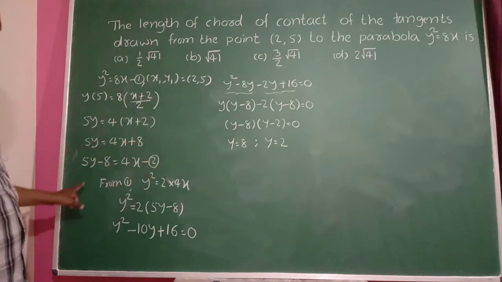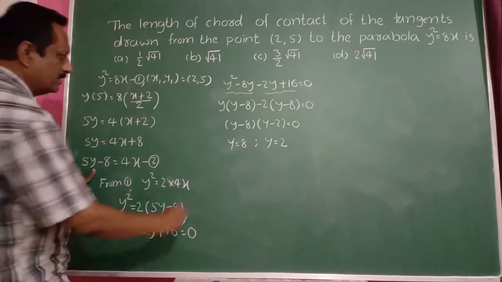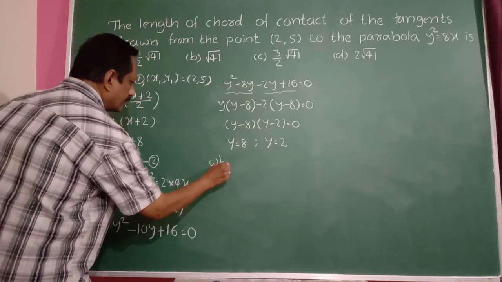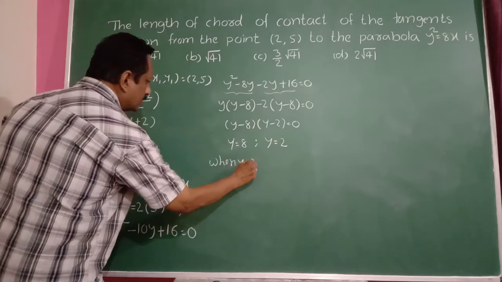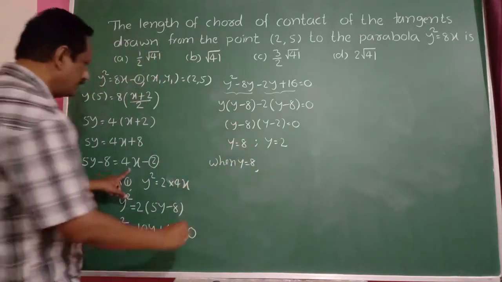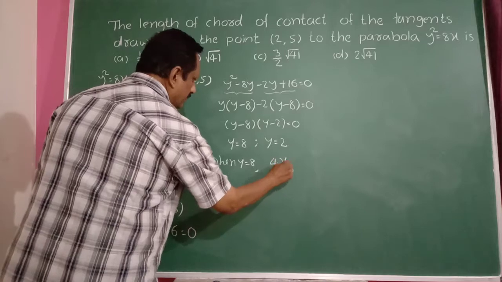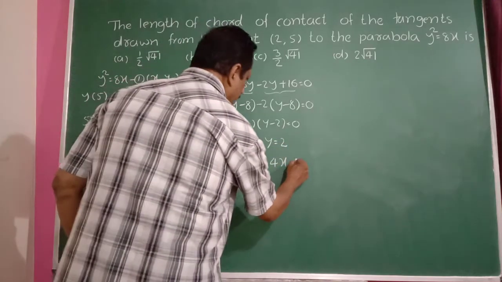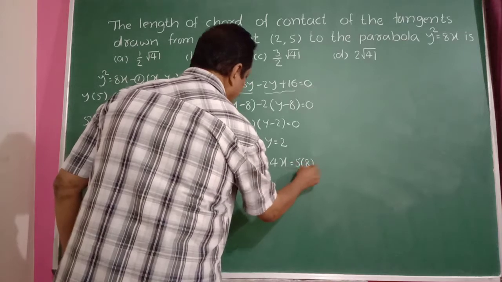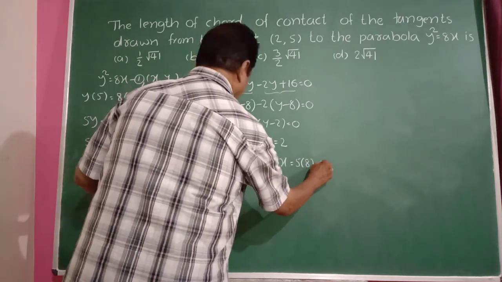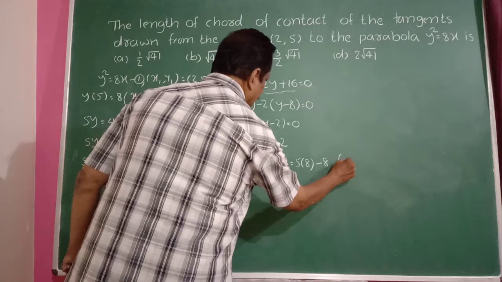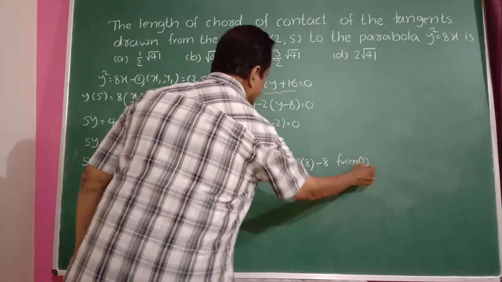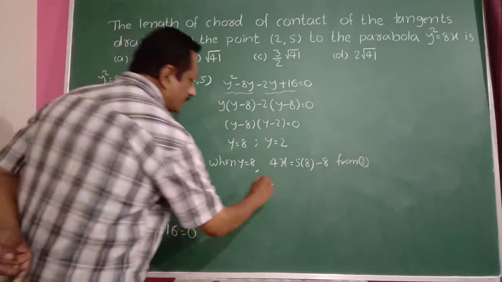Substitute those y values in equation 2. When y equals 8, substitute: 4x equals 5 into 8 minus 8, from equation 2.